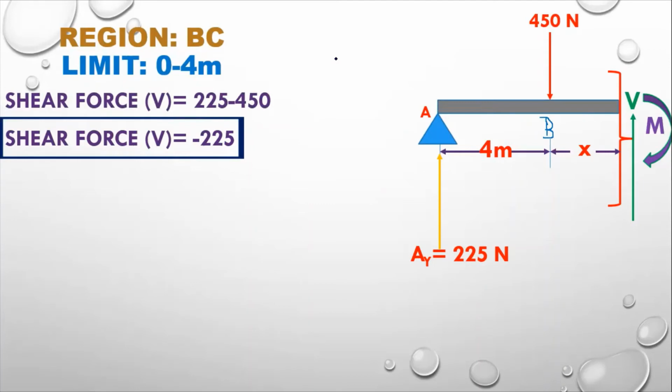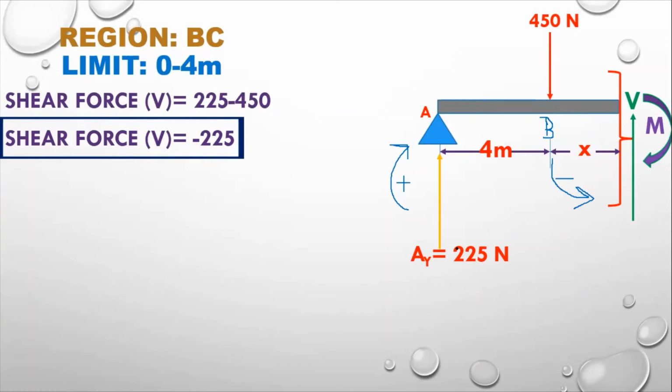Now I am going to calculate the bending moment equation. Clockwise should be positive here, and anti-clockwise should be negative.